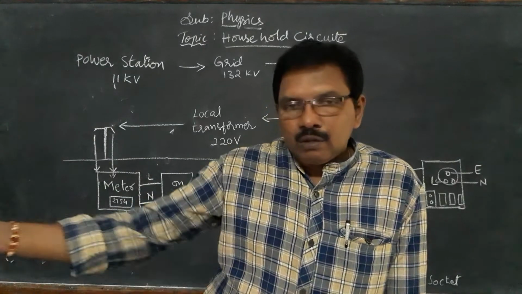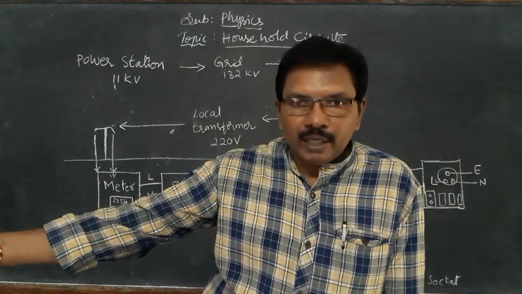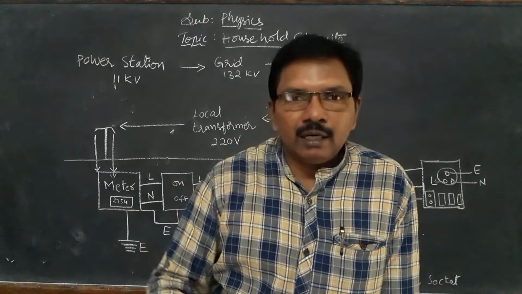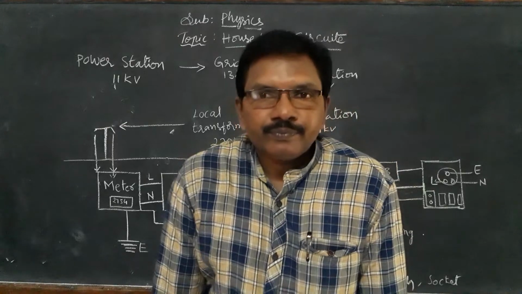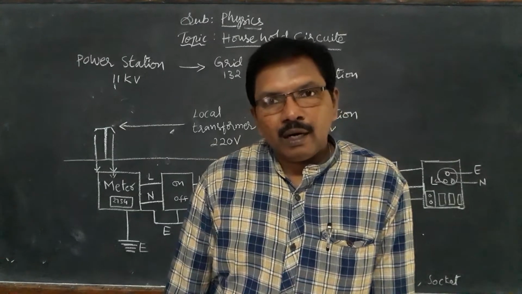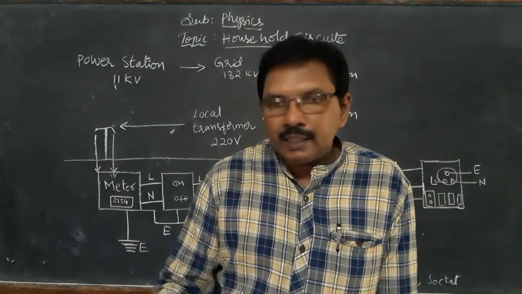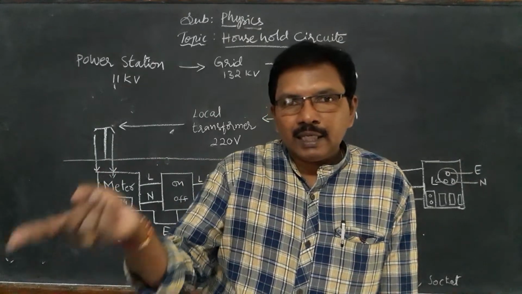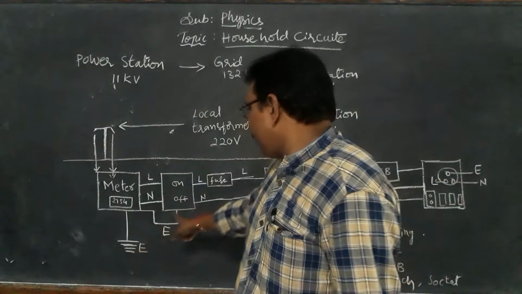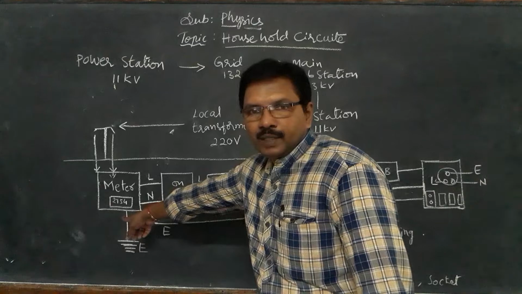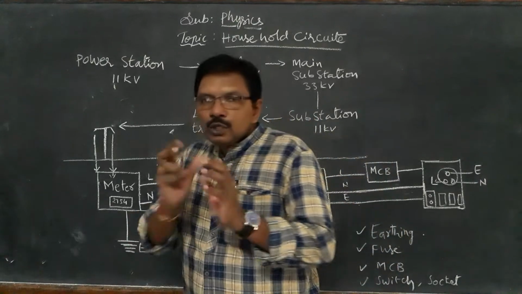Near the house, at any open place beside the house, dig the ground two to three feet, take a copper plate and place it there, and connect a copper wire from the earth to the meter. This wire should be insulated.